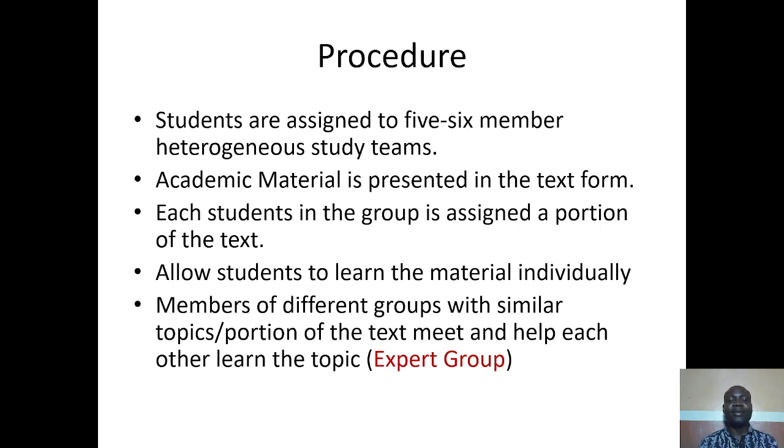The next is that the academic material is presented perhaps in the text form. In some instances, one could actually integrate the flipped classroom approach such that after you have composed the group, maybe through Google Classroom, through video, you could send materials ahead of them so that the group will have the idea of what they want to do.